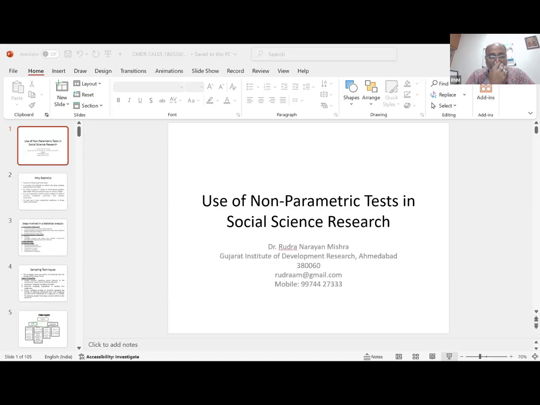There are a lot of techniques to make data normal, but that is not the focus of our class. Can we use the data as it is and apply some statistical test to draw meaningful statistical inferences from our data? That is the purpose of this session.